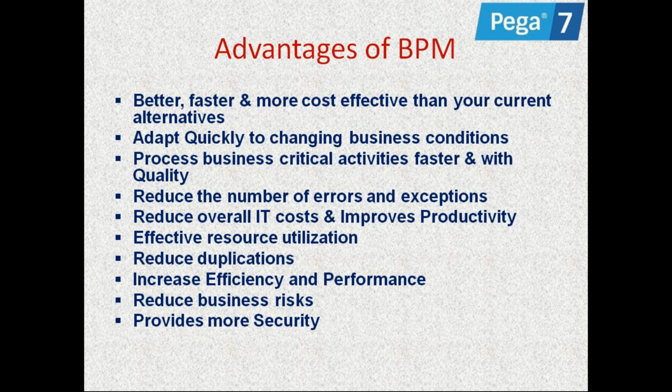The cost of production is very low, and less manpower is required compared to other programming languages. Performance is high, security is high, and business risk and error redundancy are reduced.